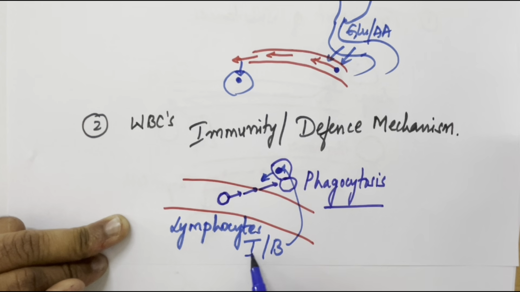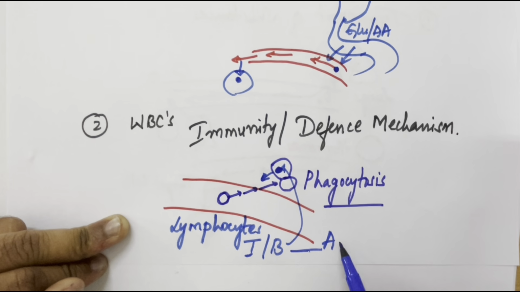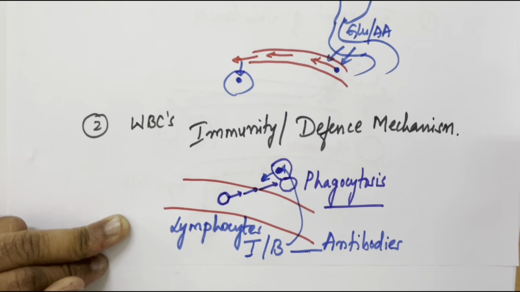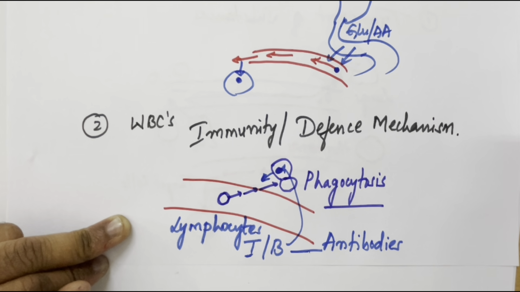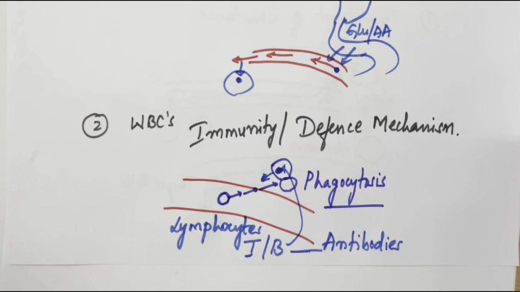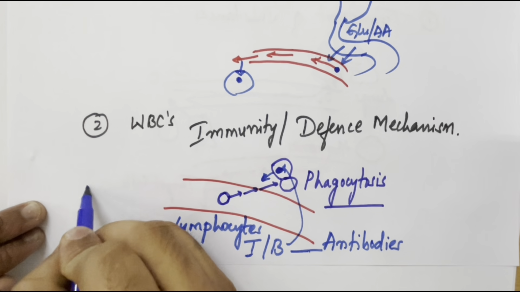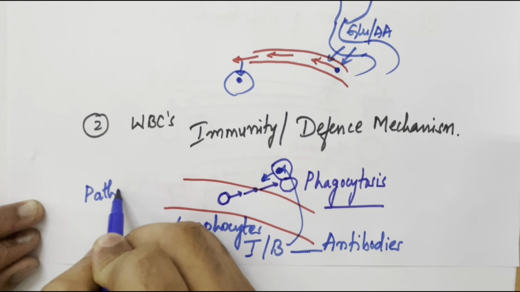Either T cells can directly attack the bacteria and kill the organism, or B cells can secrete antibodies. Antibodies secreted against the organism will attack and eliminate, kill, or suppress the organism. So that is how blood has a role in defending our body from disease causing microorganisms, also called pathogens.